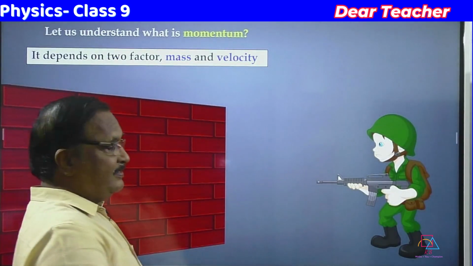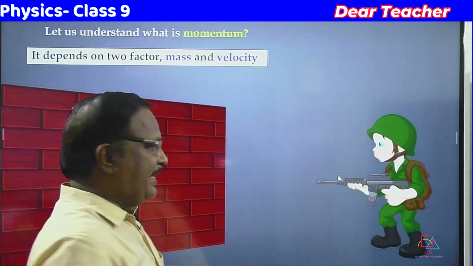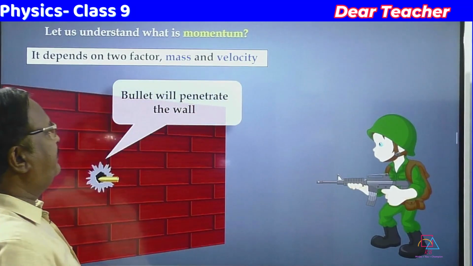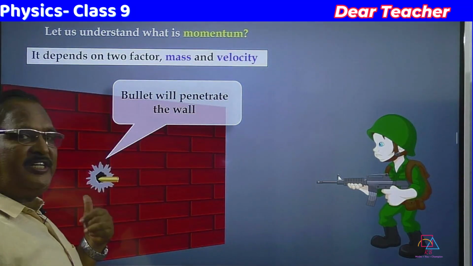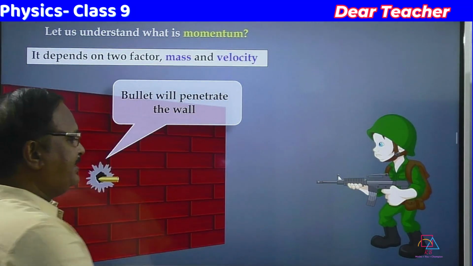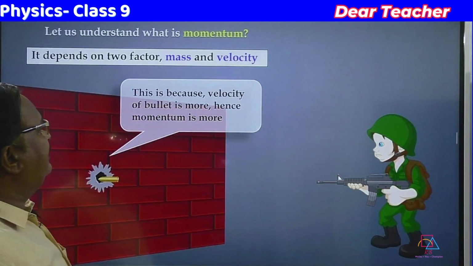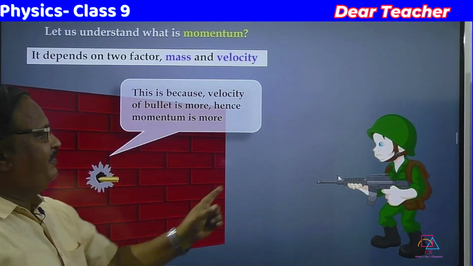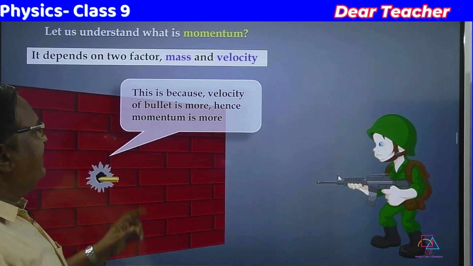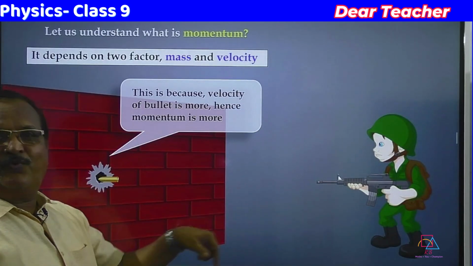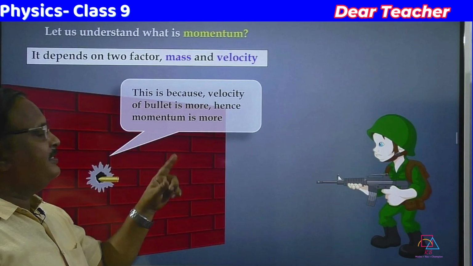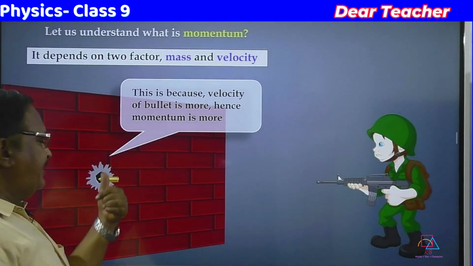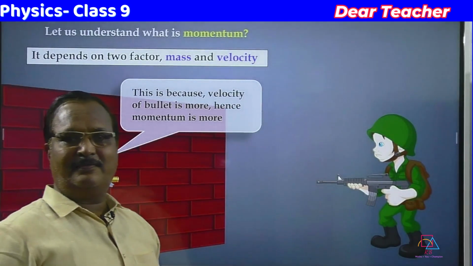So let's keep this in your mind. Let us go to the next step. The bullet will penetrate into the wall. It goes into the wall a little, and this is because the velocity of the bullet is more, therefore momentum is more, that's why it went into the wall.